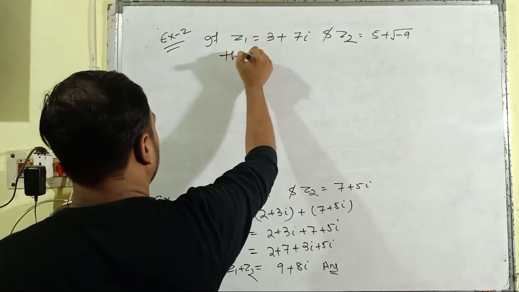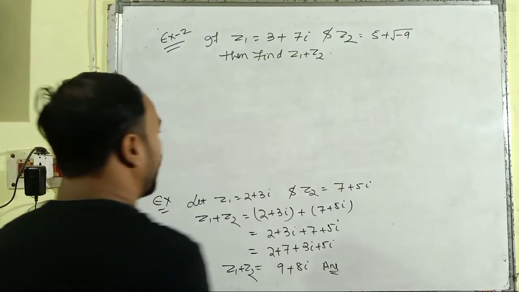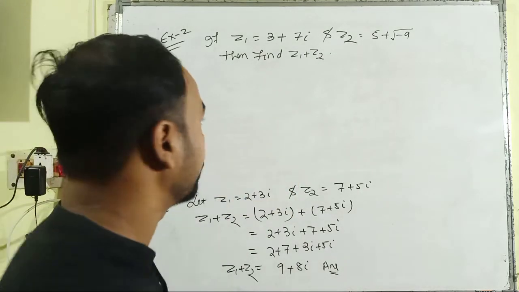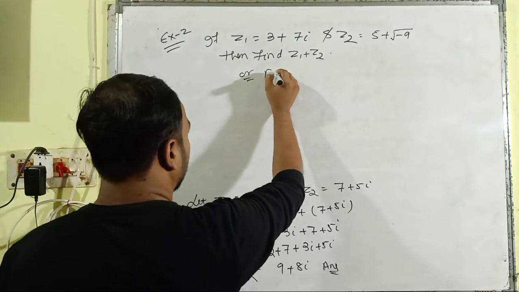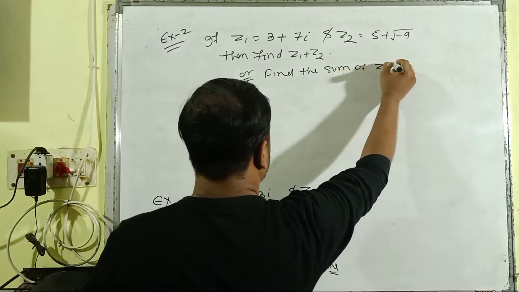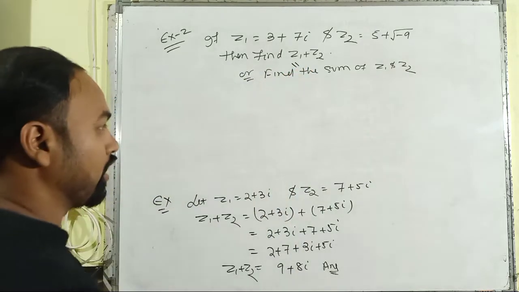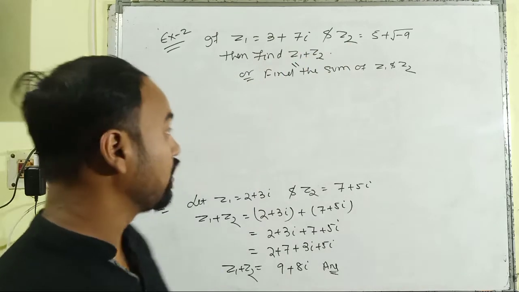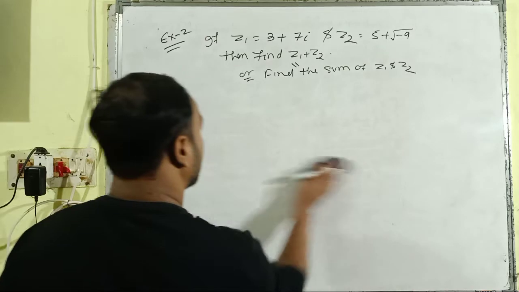Then find Z1 plus Z2, or it can be in the form of find the sum of both complex numbers, or find the sum of Z1 and Z2. Both of them are the same. So let us move back to the solution part.